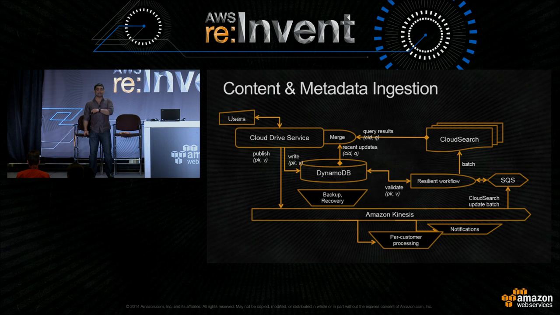Reading off of the Kinesis stream, you have multiple consumers. You could have special case consumers that split off by customers and have per customer processing. You can have notifications to an external system like SNS. You can also have kind of an incremental backup that reads out chunks of updates and saves them essentially as a write-ahead log.